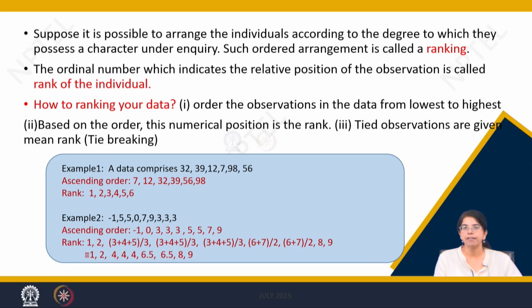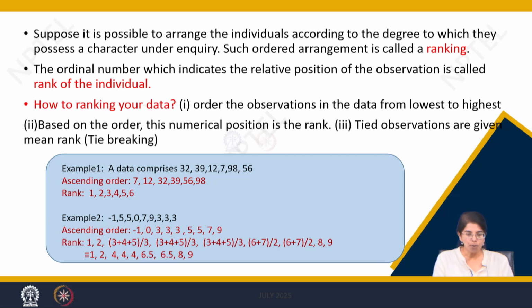Where does 7 occur? 7 occurs in the first place, so the rank of 7 is 1. The rank of 12 is 2. Therefore, you will have 6 ranks: 6 observations, 6 ranks. Remember this very simple fact: if you have n observations, then your highest rank will be n and your lowest rank will be 1.